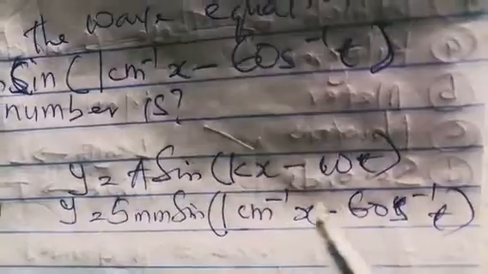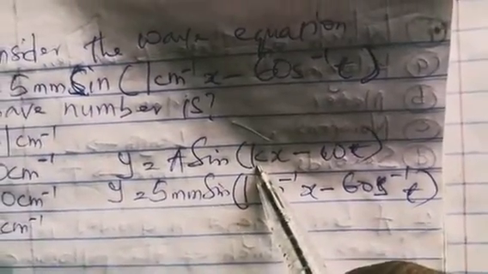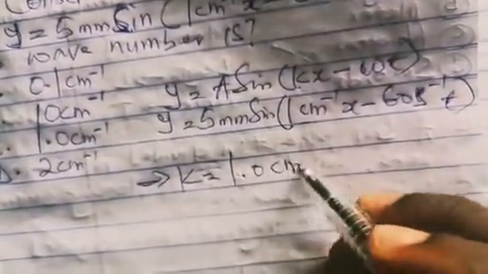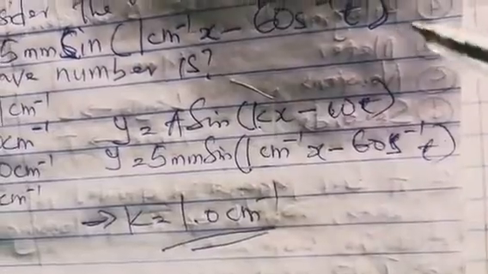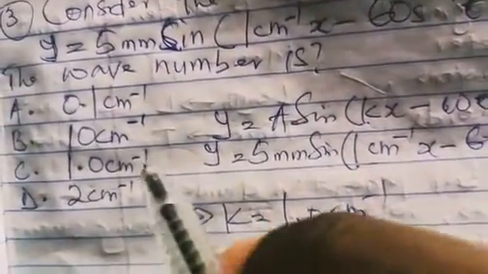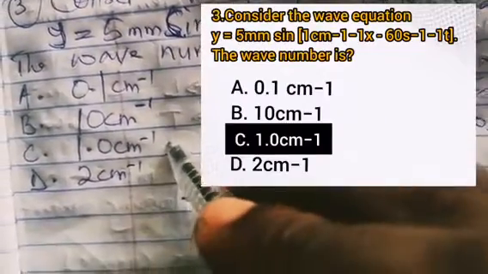It means that k, the wave number, stands for 1 centimeter. So k is equal to 1.0 per centimeter. K is called the wave number. So the correct option is option C.